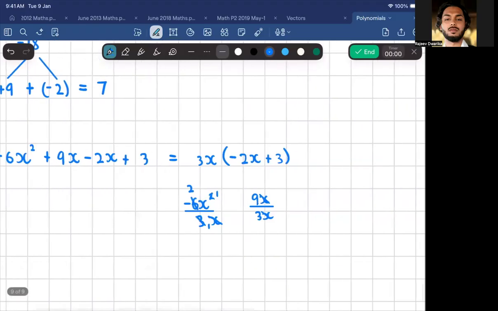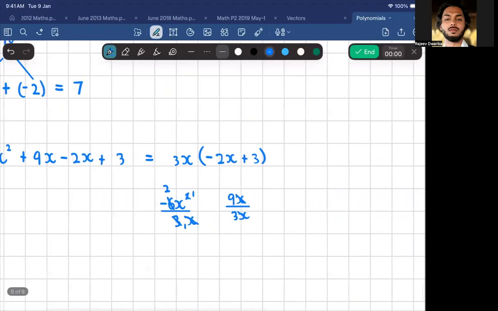In the other half, we have minus 2x plus 3. You have to be very careful with this one. Notice that we have minus 2x plus 3 here.